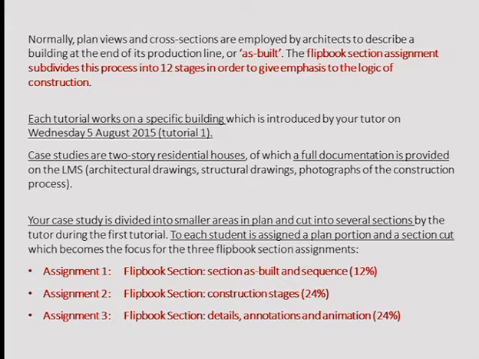3 assignments, so we divide this flipbook section in 3 stages. If you want to draw the sequence of construction, first you need to know how the house is as built. So first we require you to redraw a specific section you are assigned to, and having done that, you start working on 12 different stages.